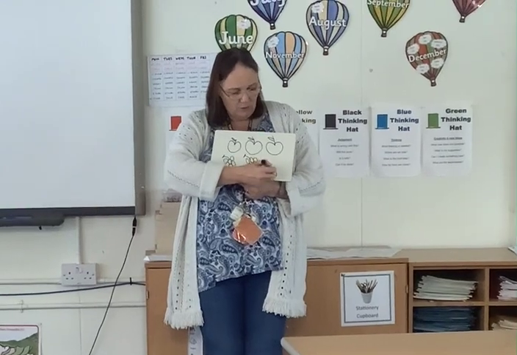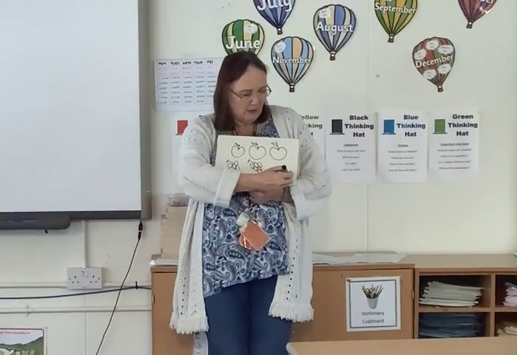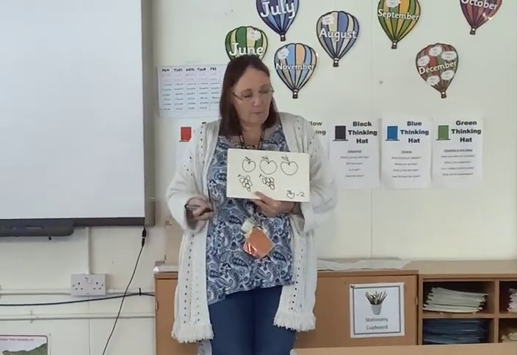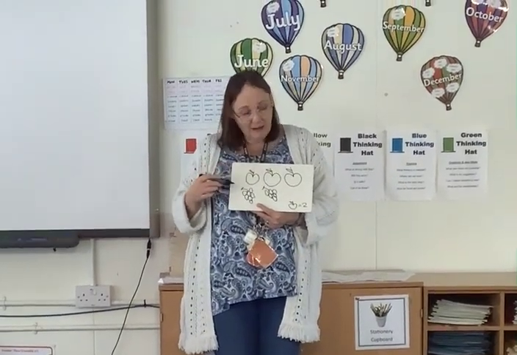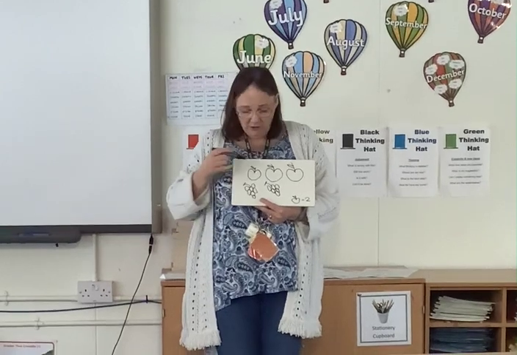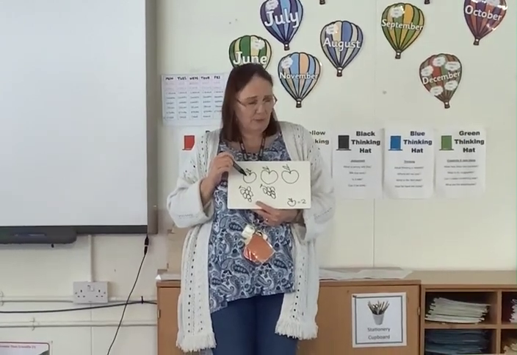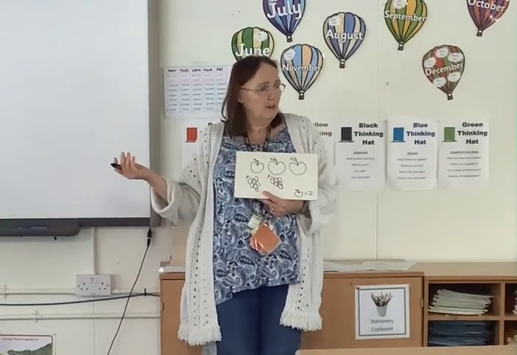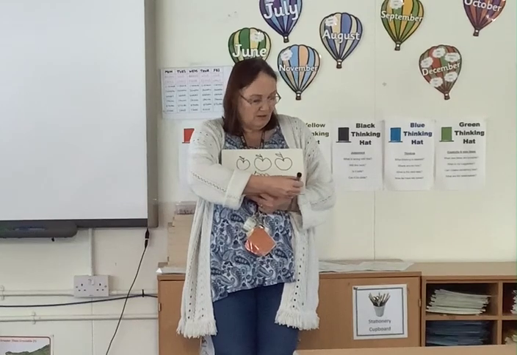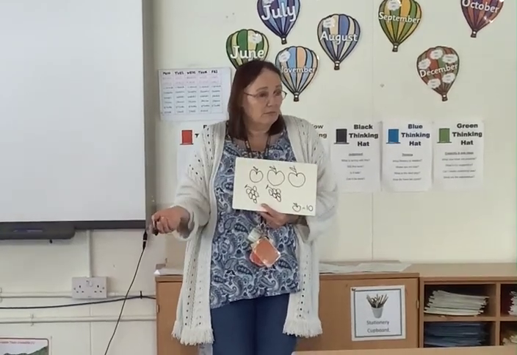And I could tell you that 1 pictogram apple equals 2. Okay? So pictograms can change things, because I don't want to have to draw 6 apples or 10 apples or 20 apples. I could say 1 apple equals 10.